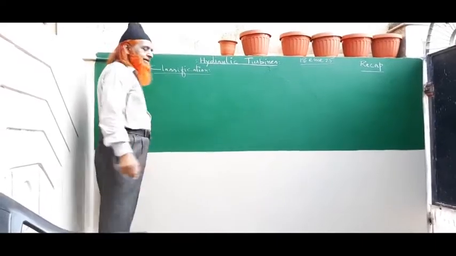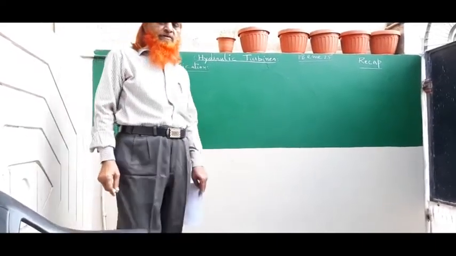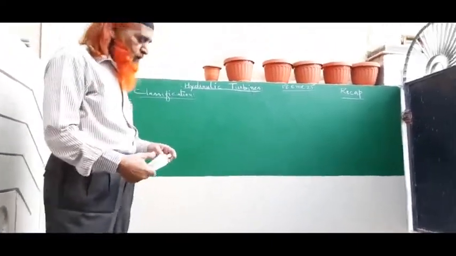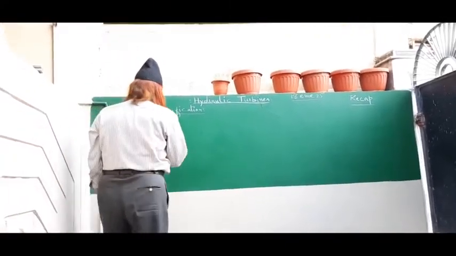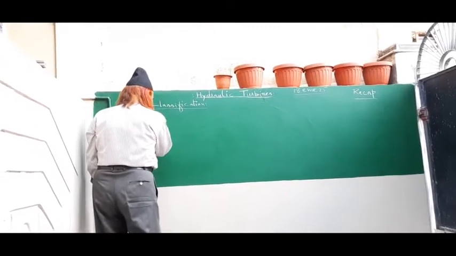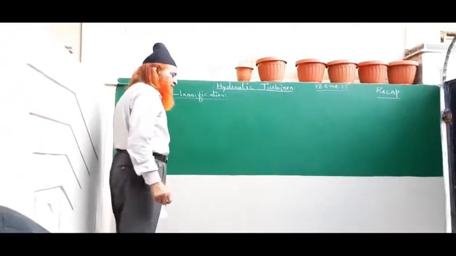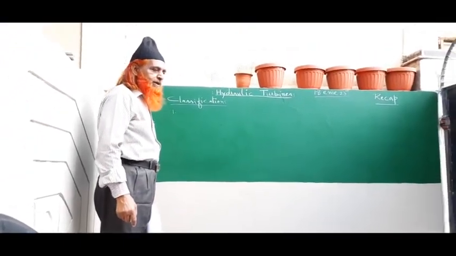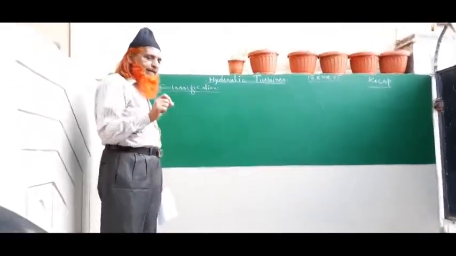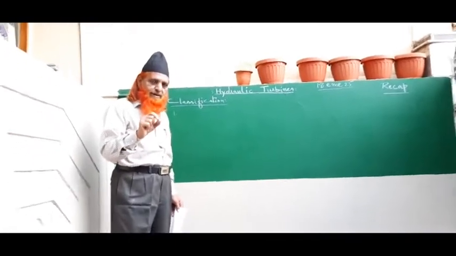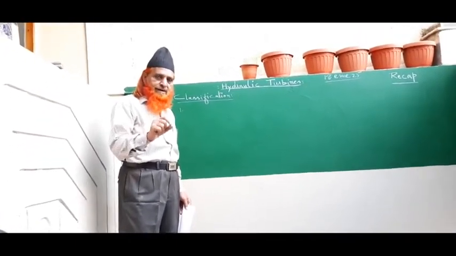The different criteria can be taken for the classification of these hydraulic turbines. The criteria on the basis of which we are classifying the types of these hydraulic turbines: first, let us take the classification on the basis of the inlet energy to the hydraulic turbine, to the runner.